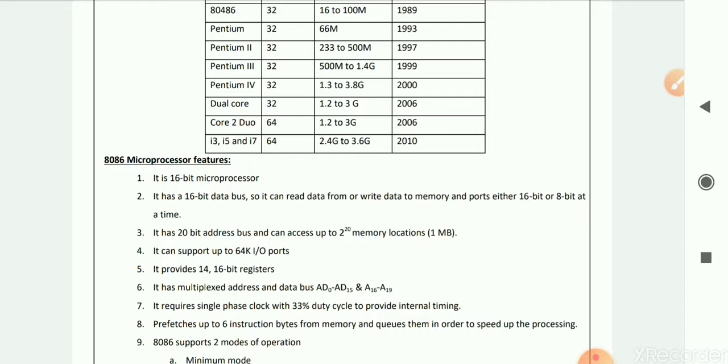Size of the ALU, or size of the accumulator, is basically the bit size of the microprocessor, or the size of the data bus. So the size of the ALU or accumulator is 16 bit, meaning the register that was previously known as A in the 8085 is here AX, which is 16 bit. Okay, so AX can be written as AH and AL.